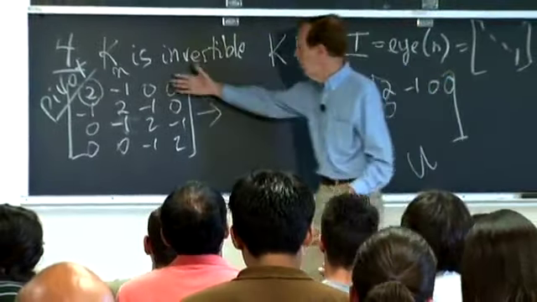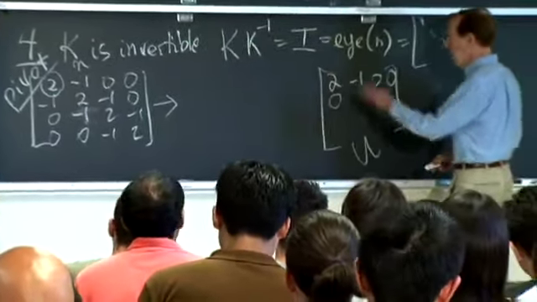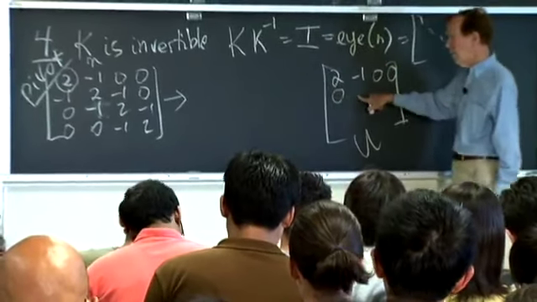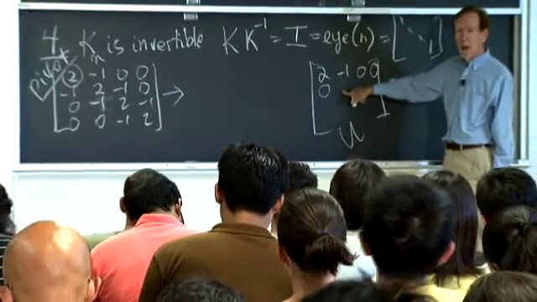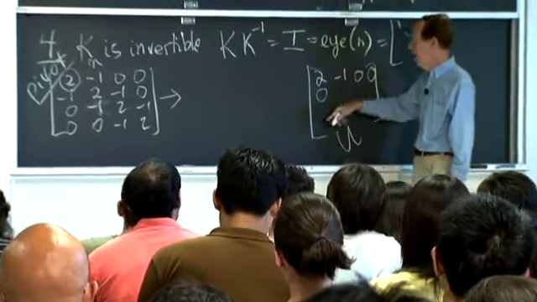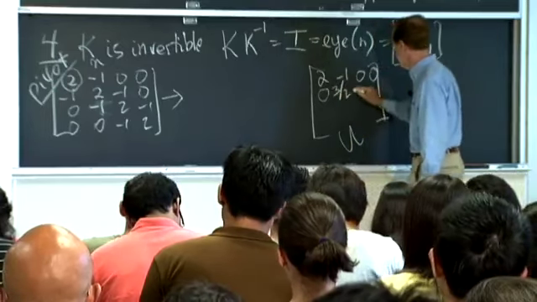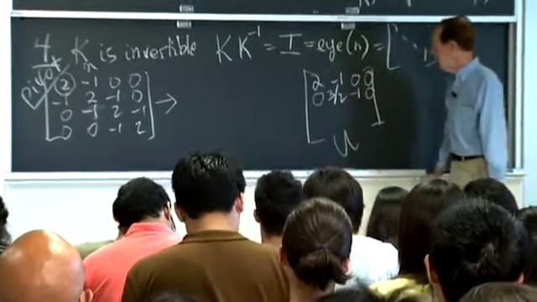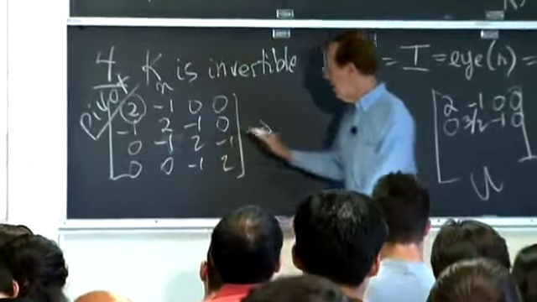Add half this row to this one. When I add half of that row to that one, what do I get? I get that 0. What do I get here for the second pivot? What is it? 1.5, 3 halves. Because half of that is, so 3 halves, and the rest won't change. Okay. So I'm happy with that 0.